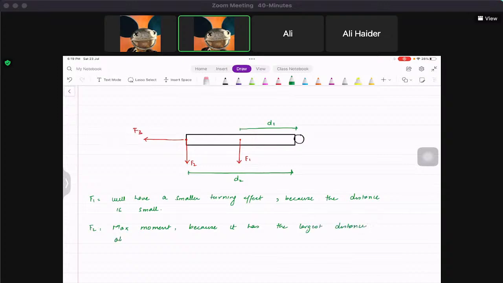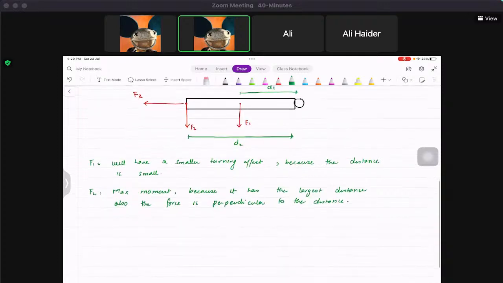Also, the force is perpendicular. So force must always be perpendicular, okay, not to the pivot, but to the distance. That's the condition.